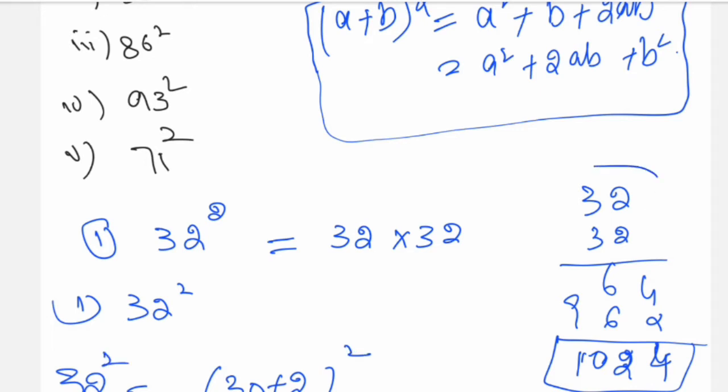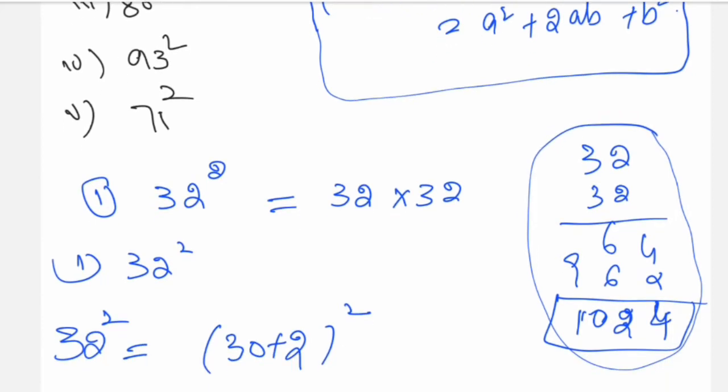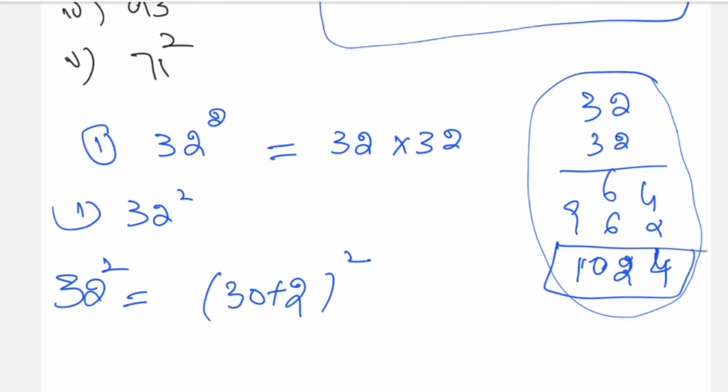When we did 32 square, our answer was 1024. Now we will check what the result is when we do (30 plus 2) whole square. According to the formula, I'll write the formula here so you can understand it better.